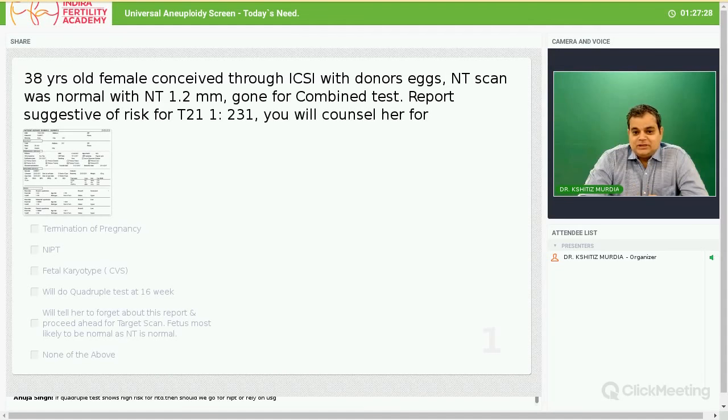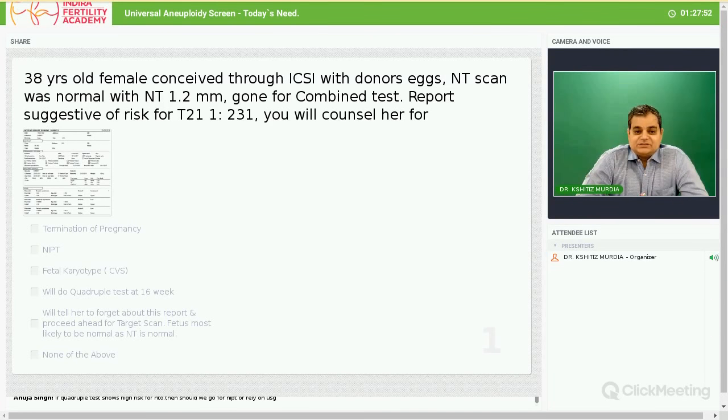Whether the age was taken correctly, whether the gestational age was taken correctly, whether the maternal weight was taken correctly, what is mentioned, and whether the nature of conception has been mentioned or not. All those things should be taken into consideration before terming that report as normal or abnormal.